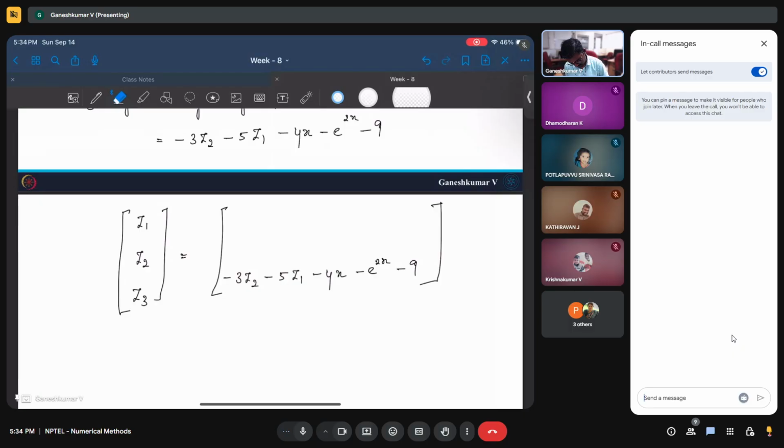So this we can write as z2 and z3 in the same way.